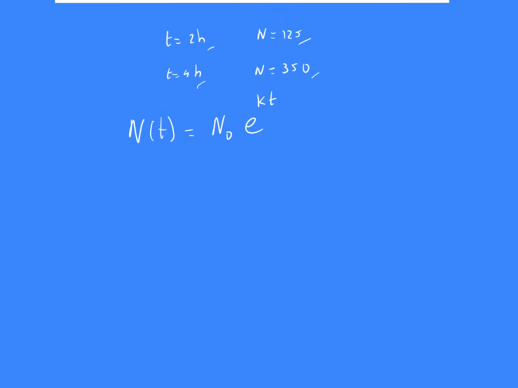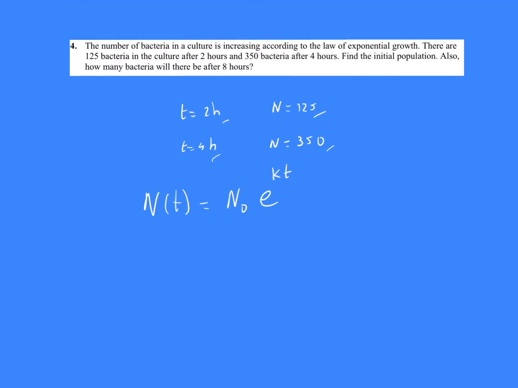Okay, so let's find the k and the initial amount. We know that when t equals 2, N is 125. So the equation that we will have is that 125 equals N0 e to the k multiplied by 2 hours.